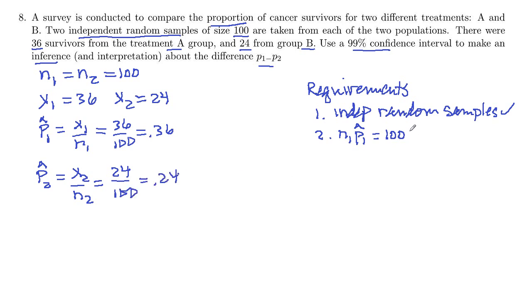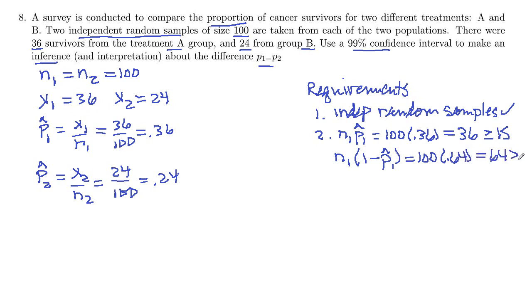So N1 P1 hat, 100 times 0.36 is 36, and that's greater than or equal to 15. And then we also need N1 times 1 minus P1 hat. So 100 times 1 minus 0.36, which is 0.64, and that's 64, which is greater than or equal to 15.